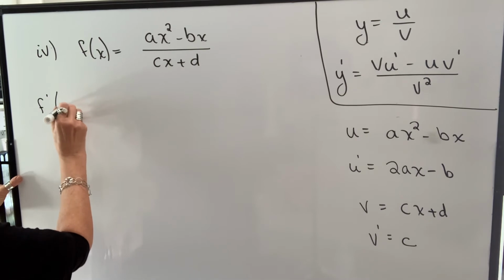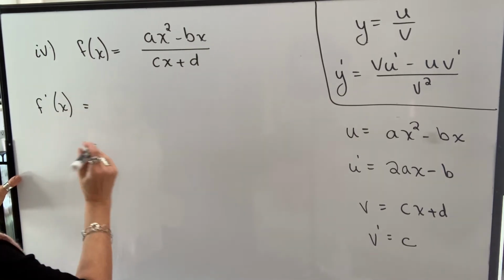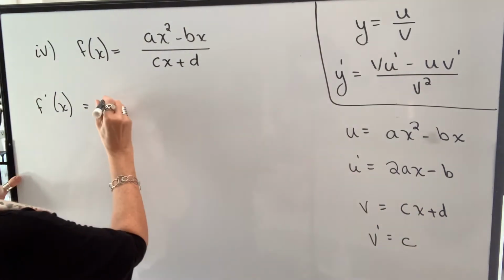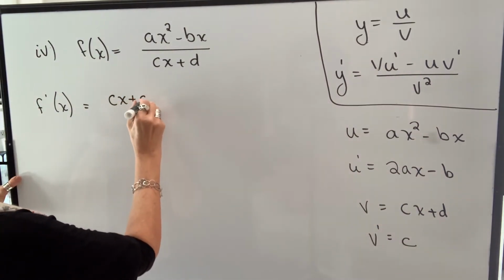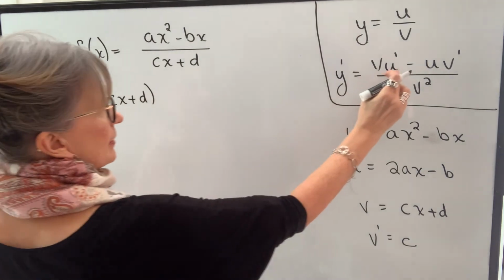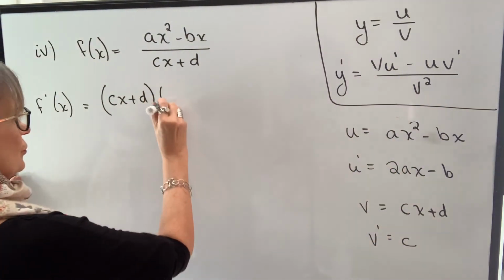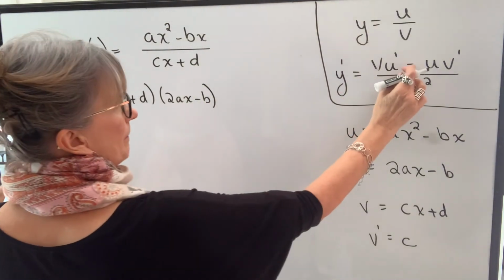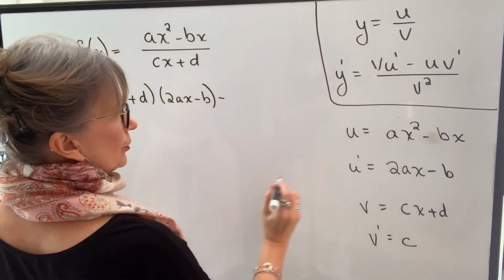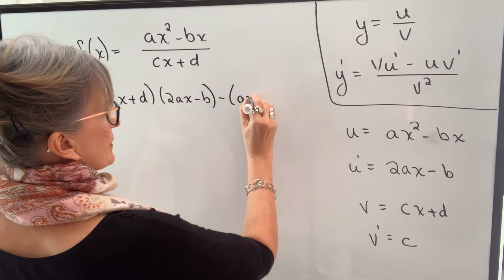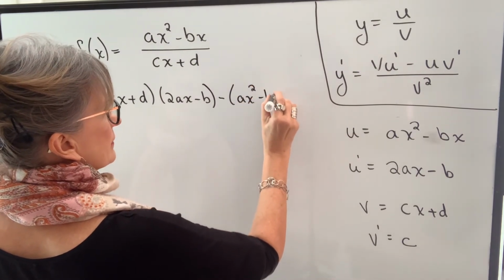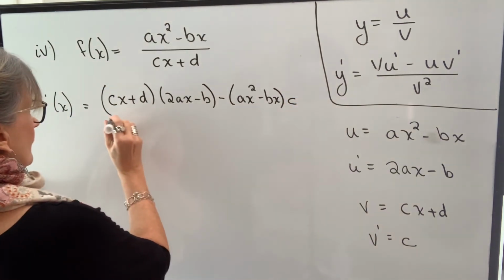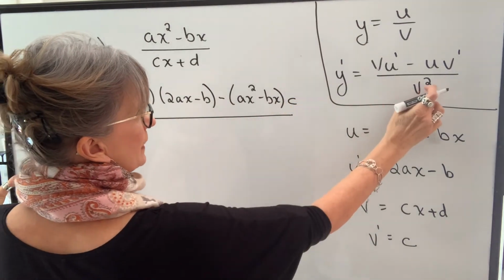So f prime of x, notation for derivative, will be v, which is cx plus d, times u prime, which is 2ax minus b, minus u, which is ax squared minus bx, times v prime, which is c, all over v squared.